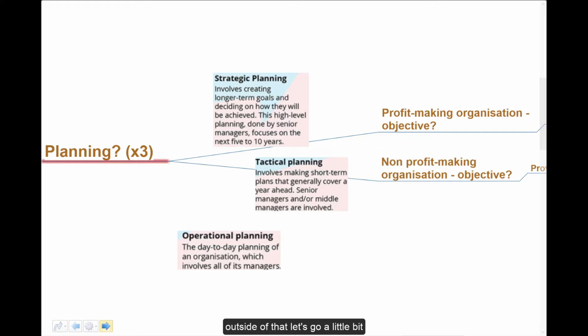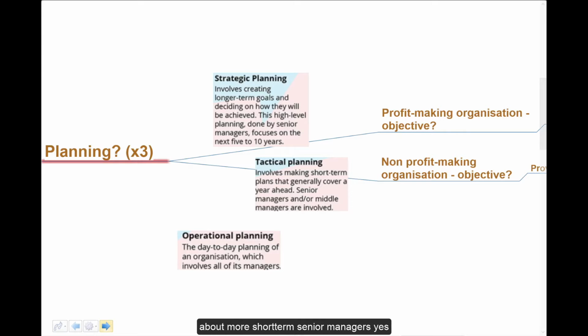Outside of that, let's go a little bit down. Now, we've said with strategic planning, this is really longer term. Now, tactical planning is more short term. This is really the area where we say, okay, we know what the strategic plan is over the long term. What tactics should we employ in order to turn those sorts of plans and goals into action?